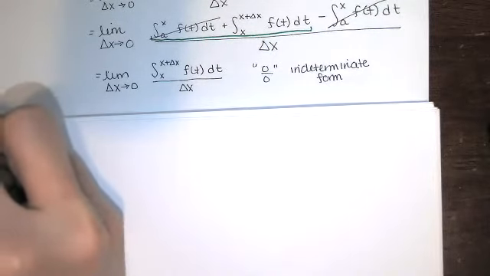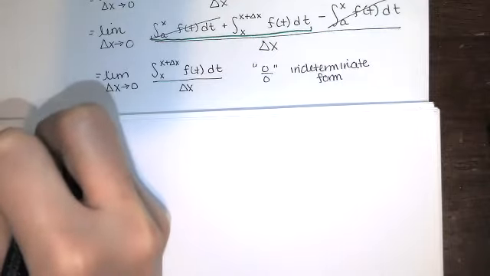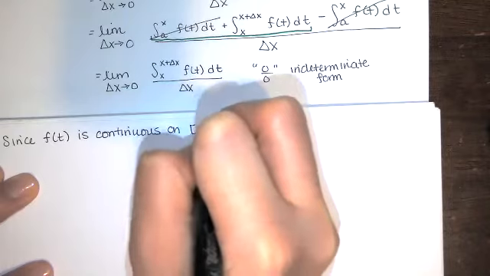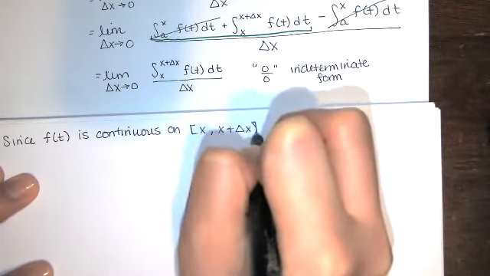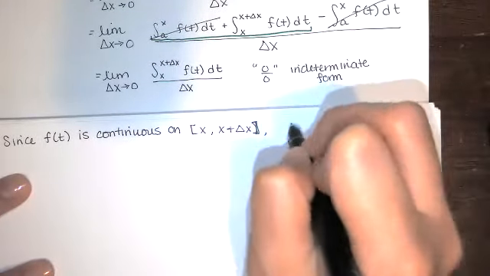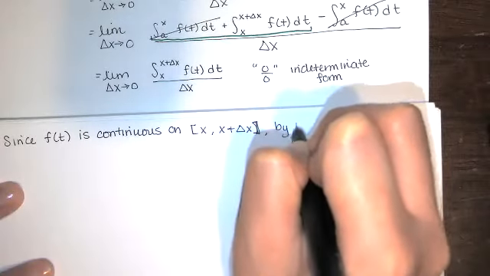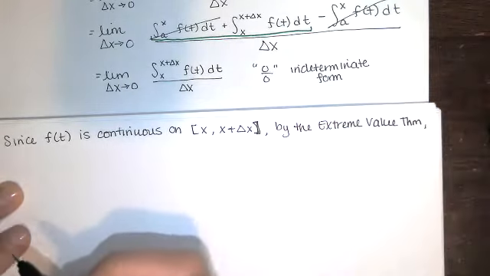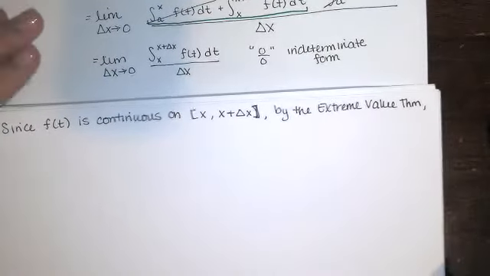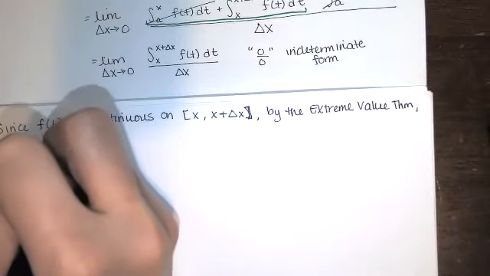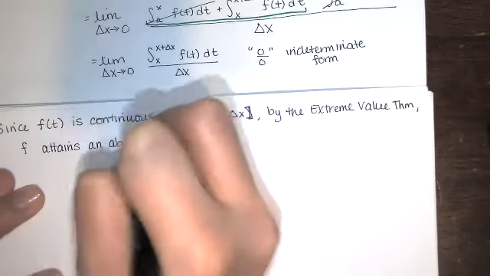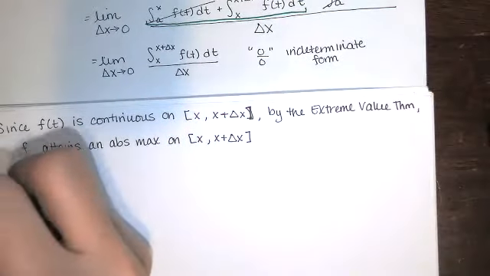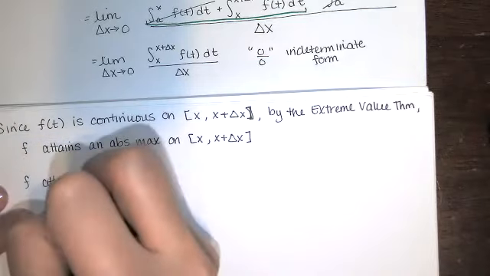So we'll say, since f of t is continuous on the interval from x to x plus delta x, by the extreme value theorem, we can say the following: f attains an absolute maximum on that interval, and f attains an absolute min on that interval.